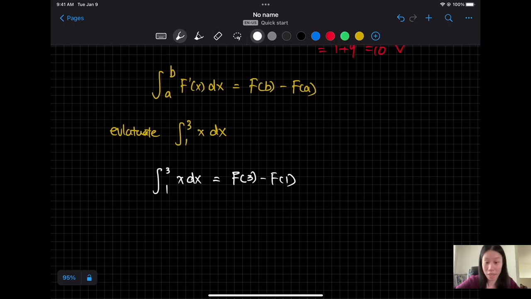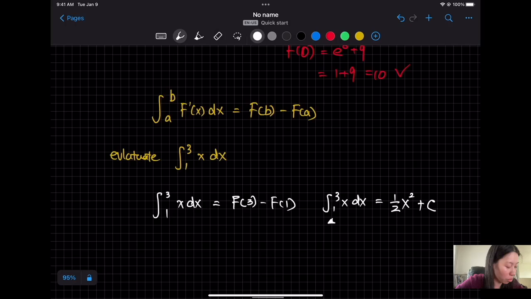So that means I need to find the original function. Well, the antiderivative of x, so f of x equals what? Well, we know that it's equal to 1/2 x squared plus a constant c. But if they give you specific numbers, you don't need to add c, because when you substitute the numbers, you will find that the c is cancelled out.